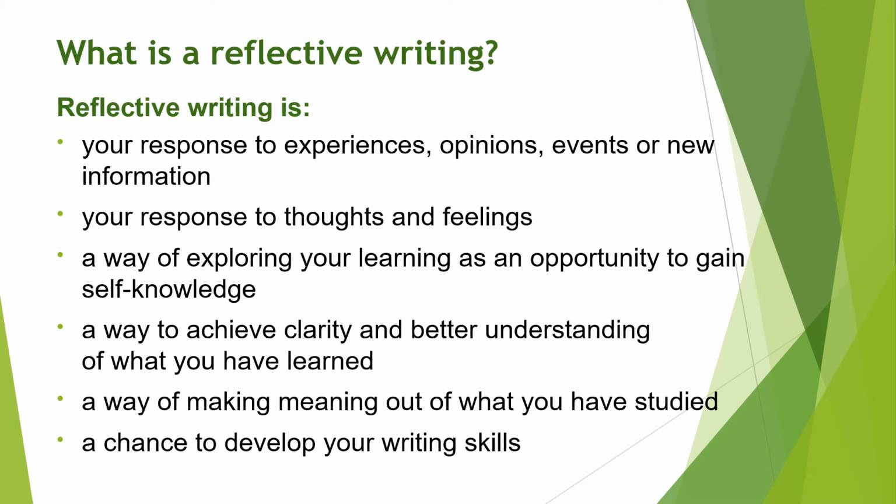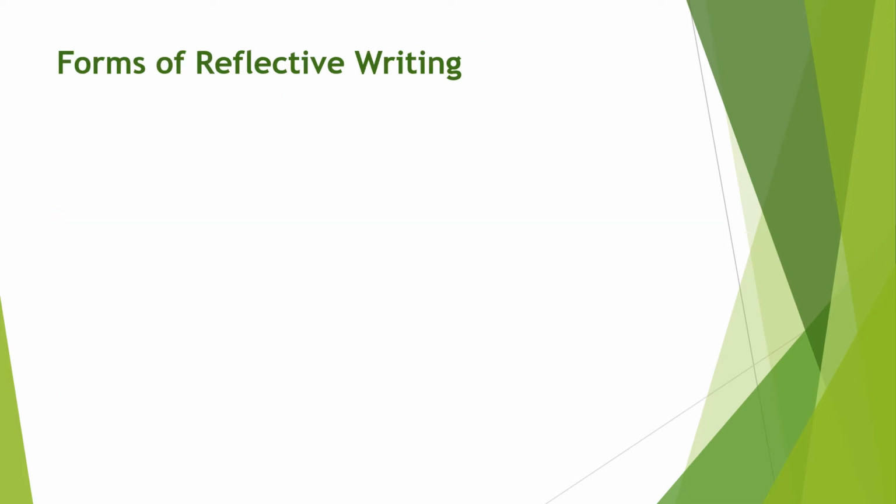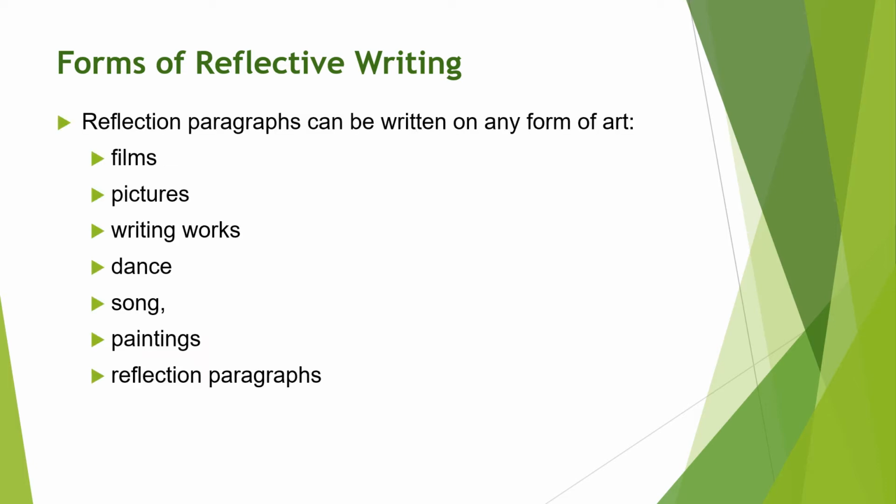So let's move on. What are the forms of reflective writing? Reflective writing can be written in different forms, such as films, pictures, written works, dance, songs, paintings, and a reflection paragraph.